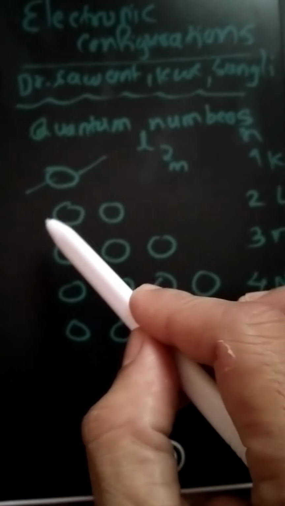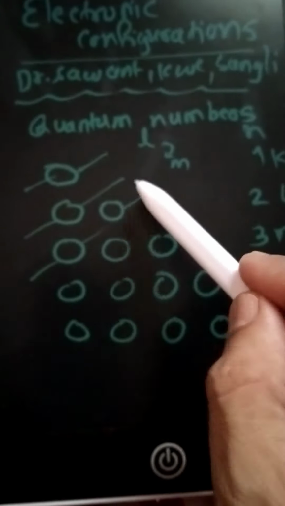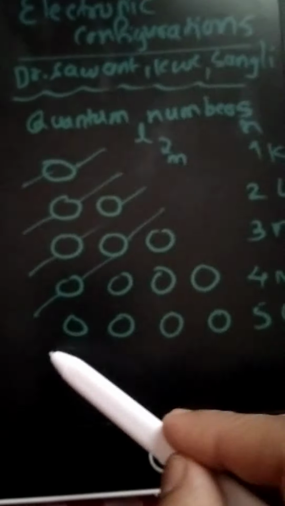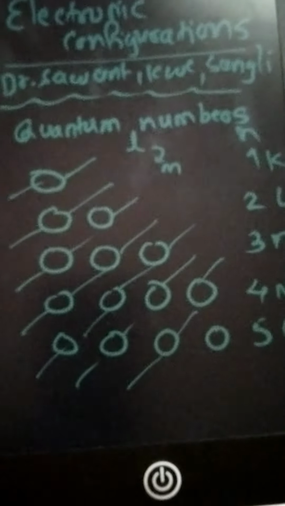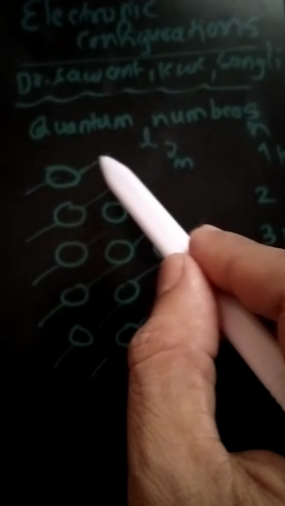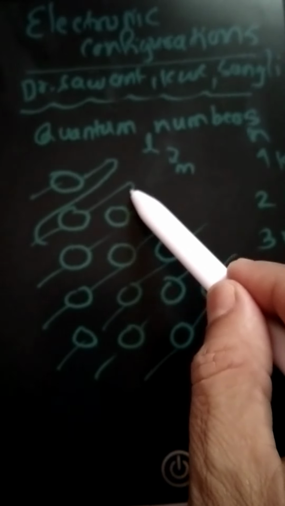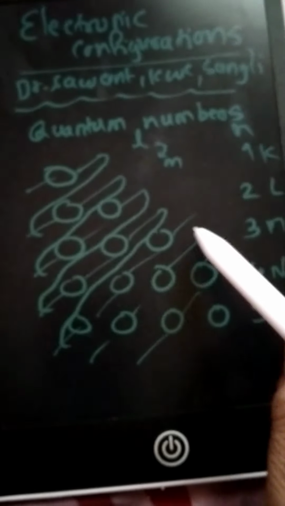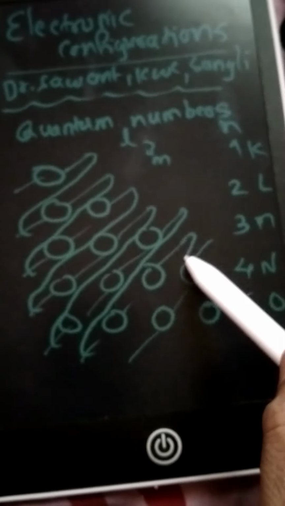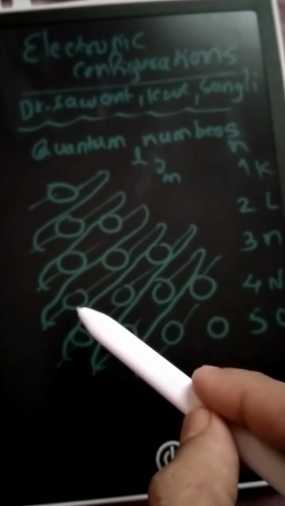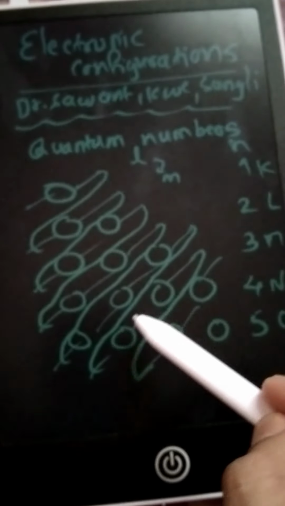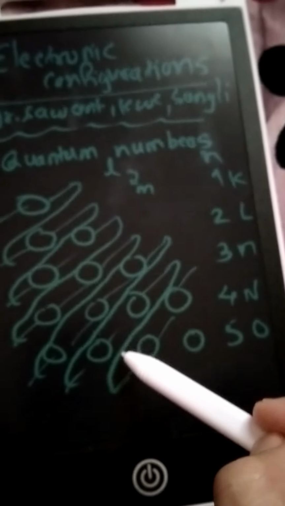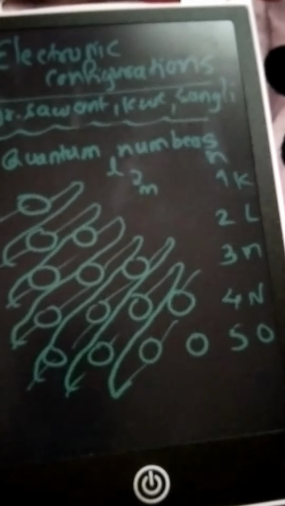If we represent the orbitals with inclined lines joining them, we can derive the sequence of orbitals by energy, joining the heads and tails of successive lines like this. Moving along the lines, we get the correct sequence of orbitals in the electronic configurations of atoms in the periodic table, for the 4 blocks: S, P, D, F block elements.